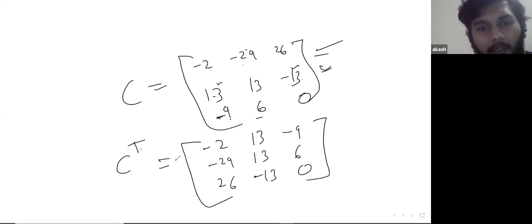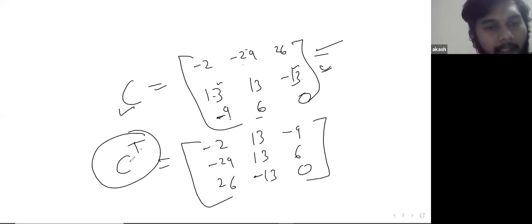Now the fifth step. This is called transposing the cofactor matrix. We calculated C. Now we are calculating C transpose. This is the fourth step, right? Now the fifth step, the final step, A inverse.